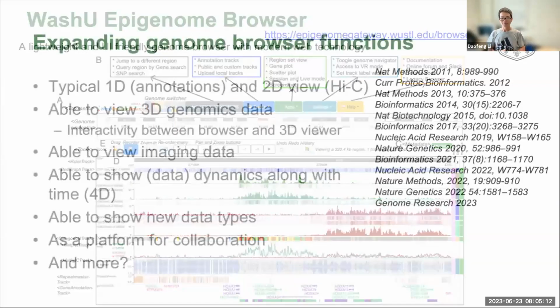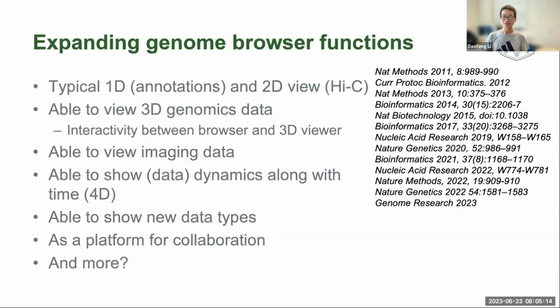But with the development of so many new biotechnologies and so many new assay types, we are thinking the browser functions need to be expanded, not just displaying 1D annotation and 2D view data like Hi-C data. We think the genome browser should be able to, for example, show 3D genomics data, so that the browser and the 3D view can be interactive with each other.